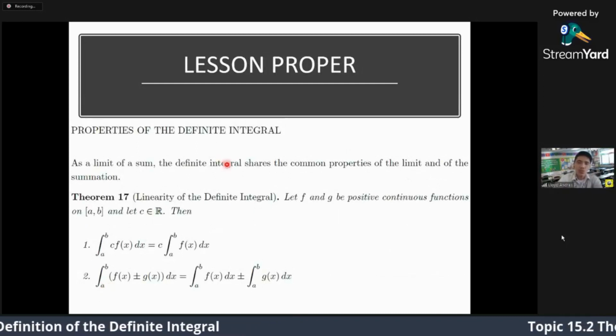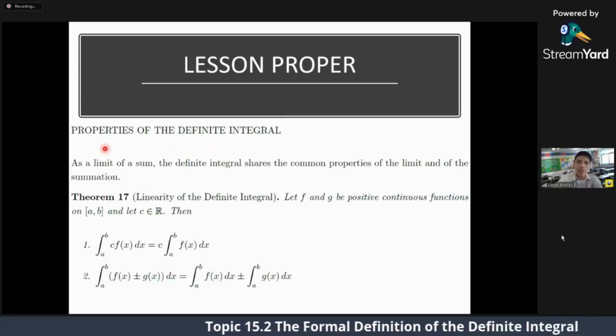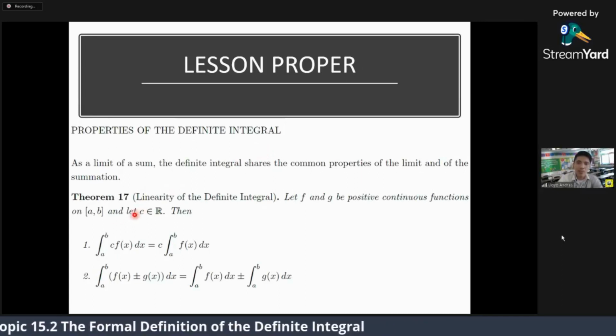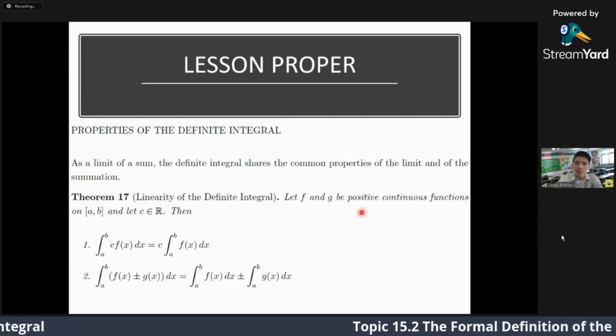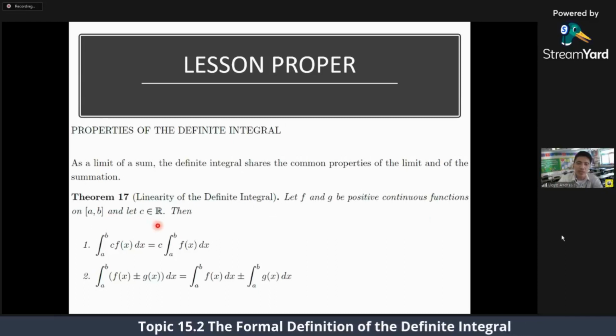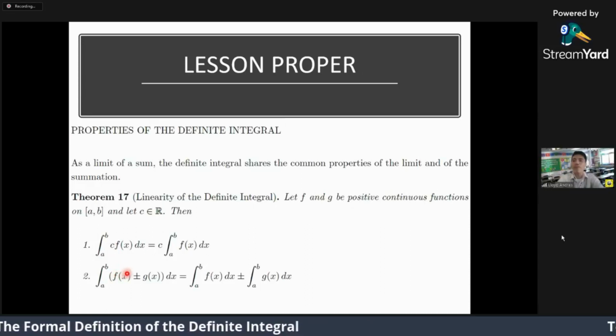So let's dig deeper about definite integral. Let's discuss about properties of the definite integral. So ang theorem 17, let f and g be positive continuous function on a to b and let c be an element of real. So these are the properties. Actually, similar lang ni sa property sa limit.